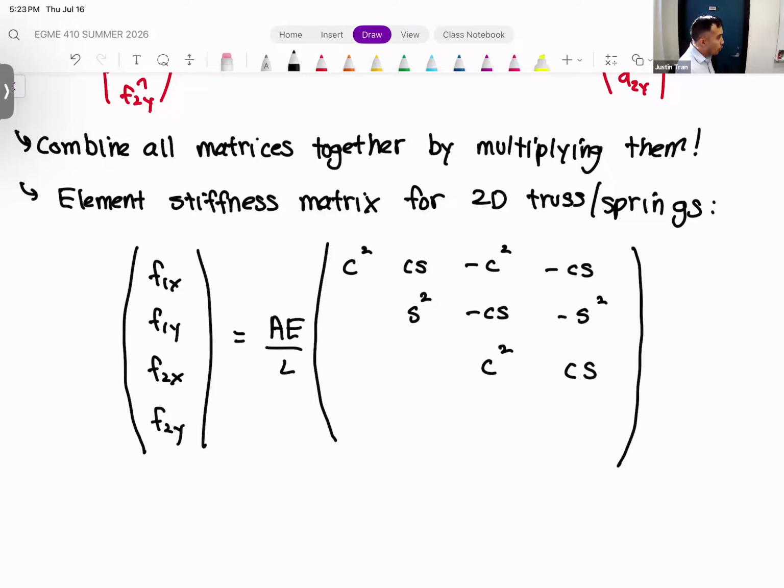And for the last row, we're only going to define the entry in the last column, which is sine squared. And this is multiplied by the vector of our deformations in the stationary coordinates: d1x, d1y, d2x, d2y.